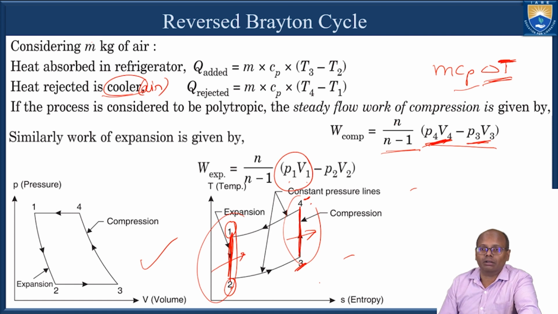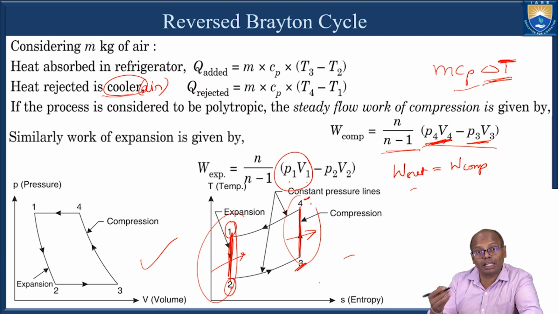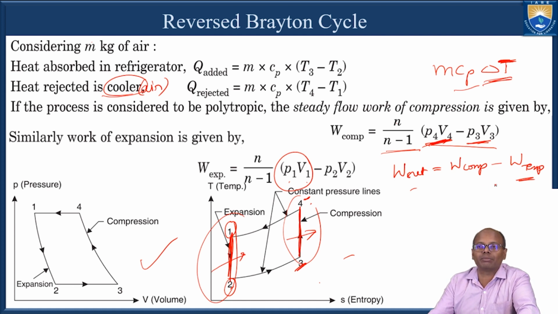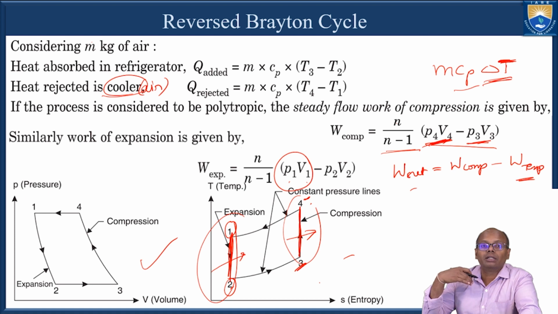Since that is the case, we need to supply some extra work. What is the net work supplied by us? It is the work taken by the compressor minus the work given by the expander. The work taken by the compressor minus the work given by the expander is the net work supplied to the cycle.